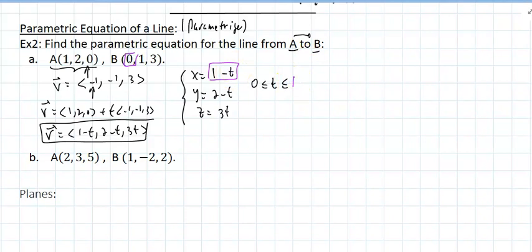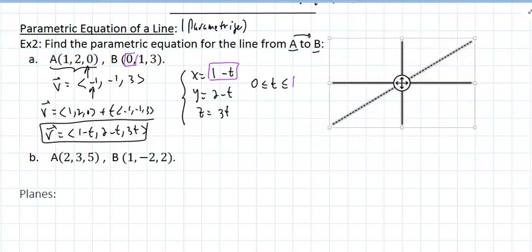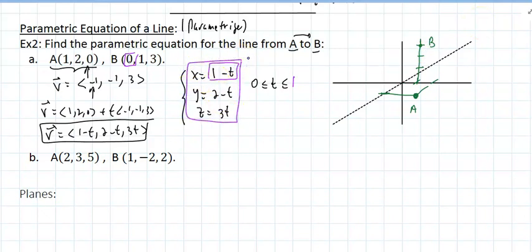If I look at how this graph looks, the initial point is at 1, 2. That's A. B is at 0, 1, 3. Right? And my parametric equation, if I put t equals 0, it will get me there.